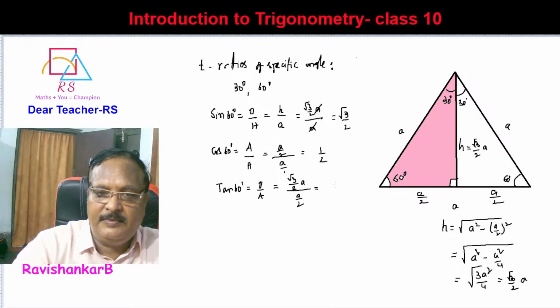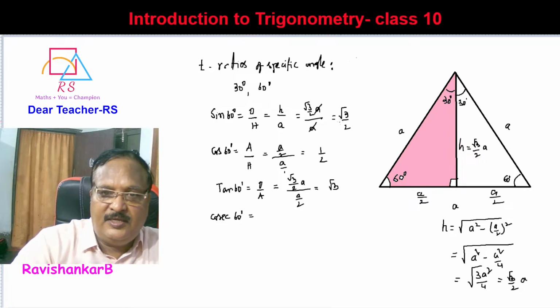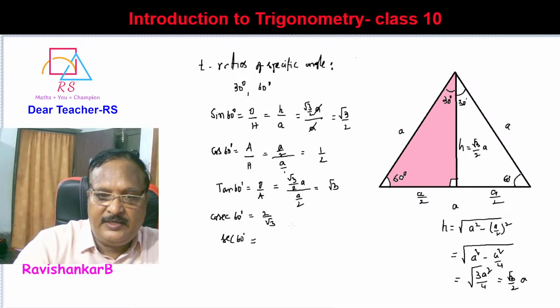The a by 2 will get cancelled, and root 3 will be the answer. Now the reciprocal of sine is cosecant 60. Root 3 by 2 is there, so it is equal to 2 by root 3. And secant 60 is the reciprocal of cos 60, which is 1 by 2, so it is equal to 2 by 1.